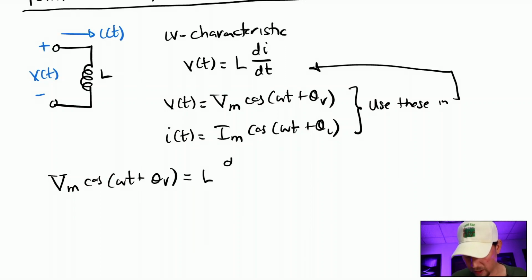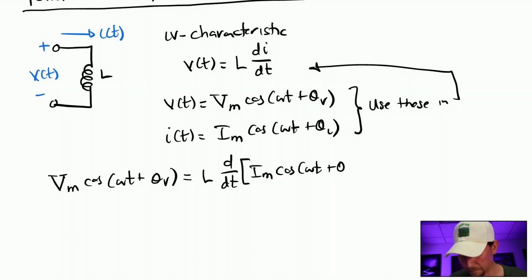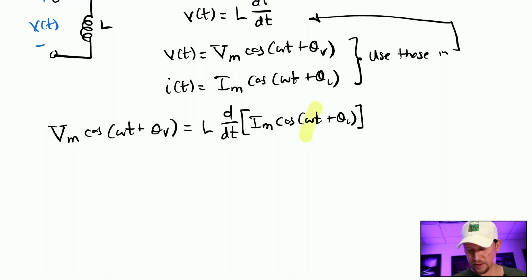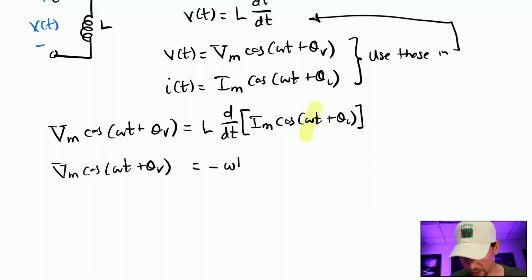And on the opposite side, we have L times the time derivative of I sub m cosine of omega t plus theta sub I. The time derivative is only going to touch this part, and the time derivative of a cosine is minus sine. So in carrying out that operation, I end up with minus omega times L times I sub m times the sine of omega t plus theta sub I.